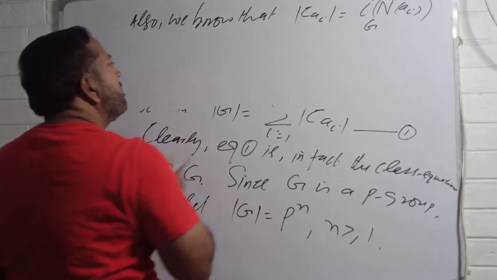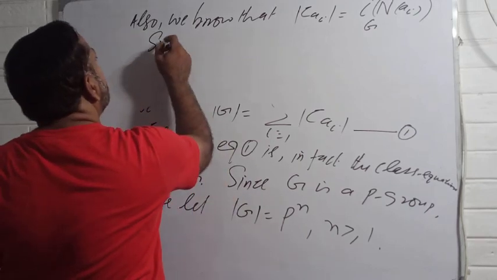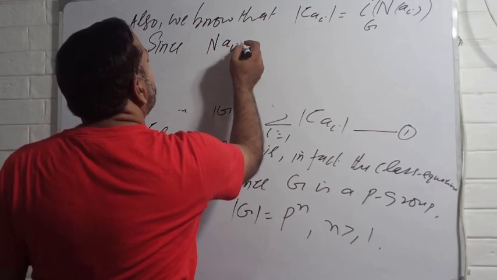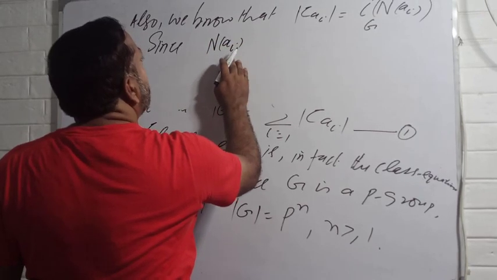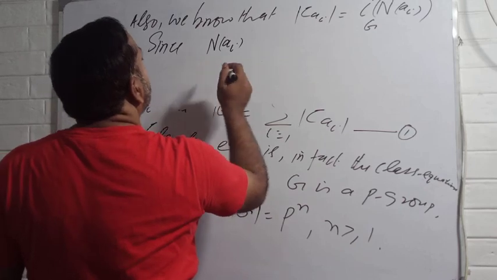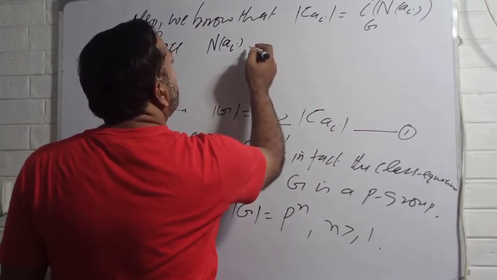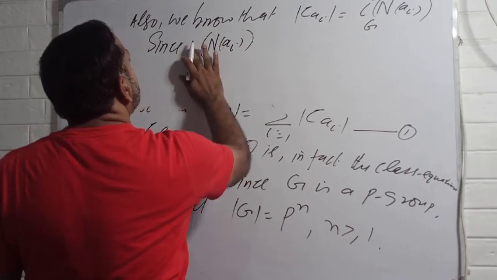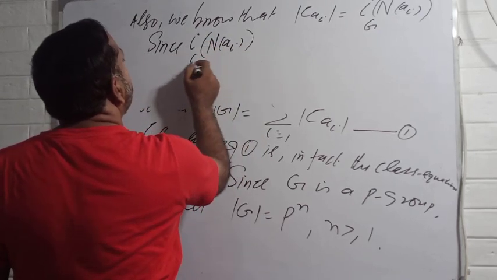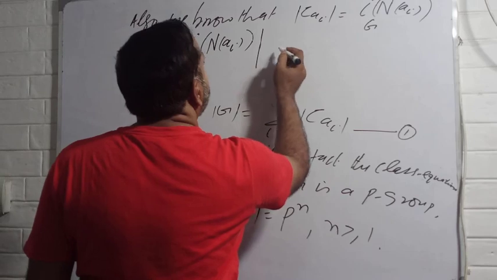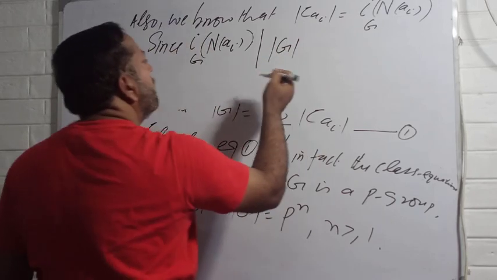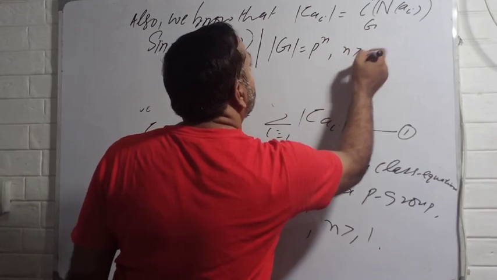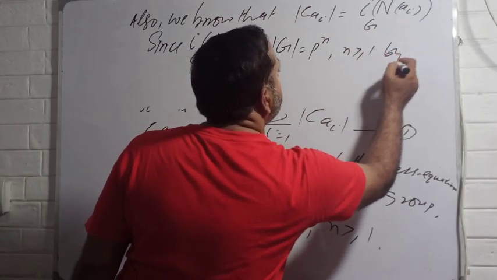So the index of the normalizer in G divides the order of G, which is P power n, by Lagrange theorem.